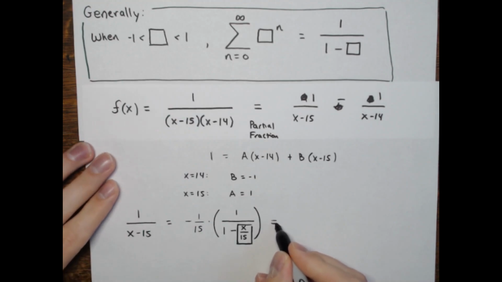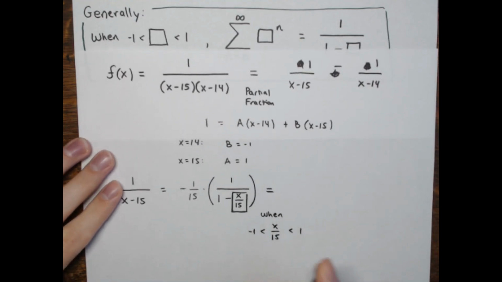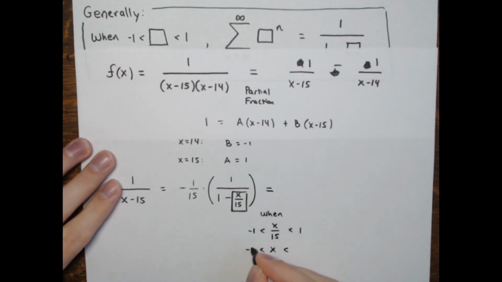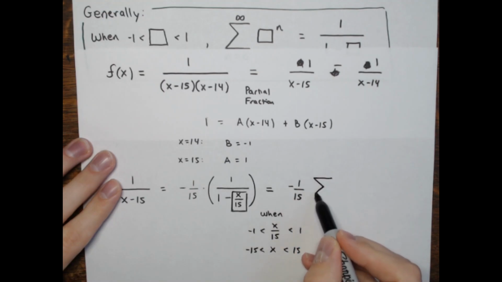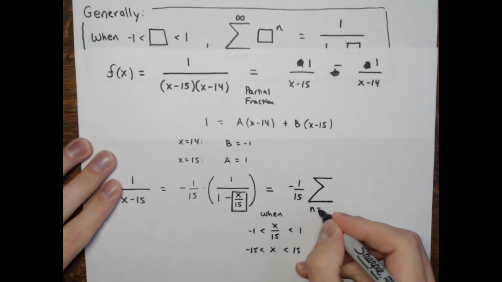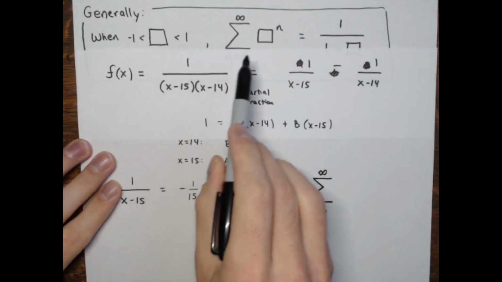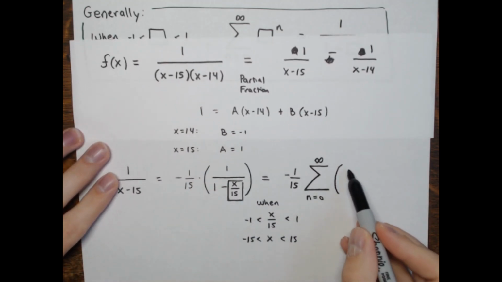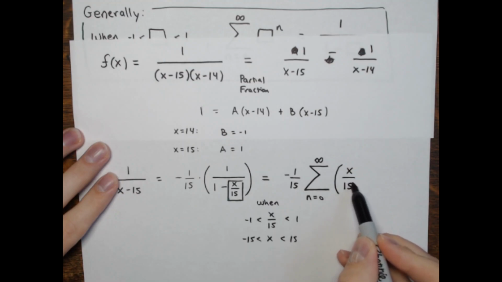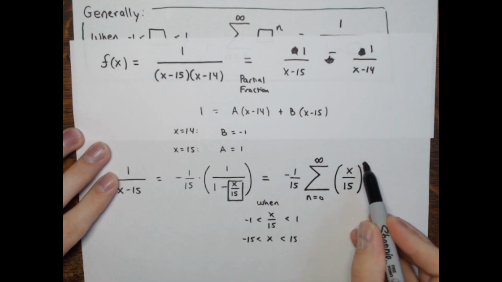So we can say this is equivalent to the following series whenever x over 15 is between -1 and +1, or when x is between -15 and +15. This is equal to -1/15 times the sum from n equals 0 to infinity of x over 15 to the nth power.